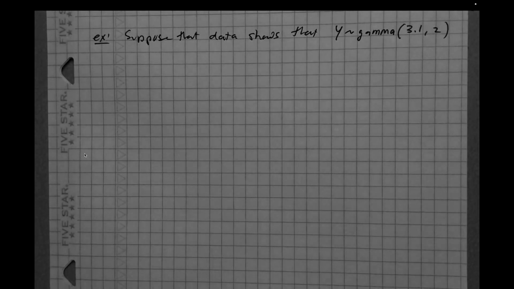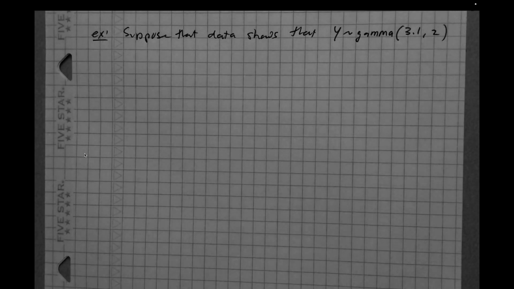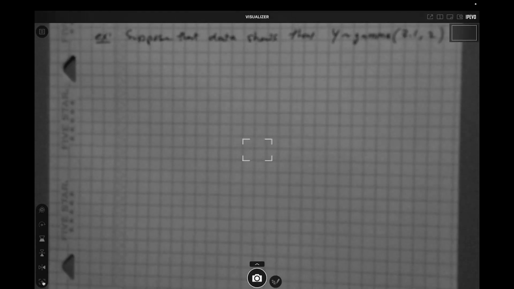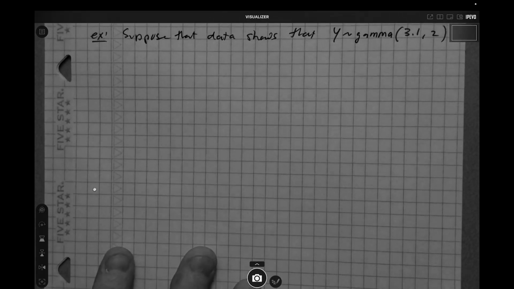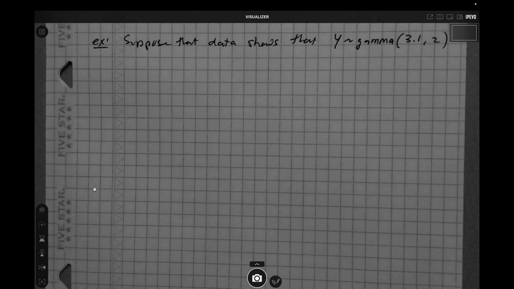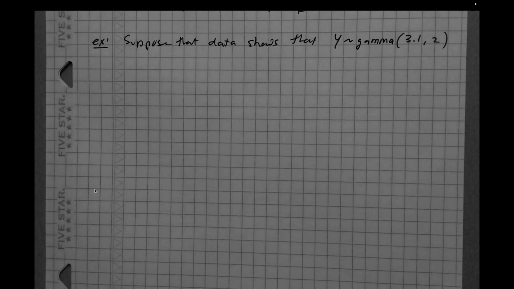So alpha is 3.1 and beta is 2 for a gamma distribution. All this means when we say suppose that data shows is just that we've got a lot of observations, and we can fit the data under a curve that is generated by this specific value of alpha and beta.